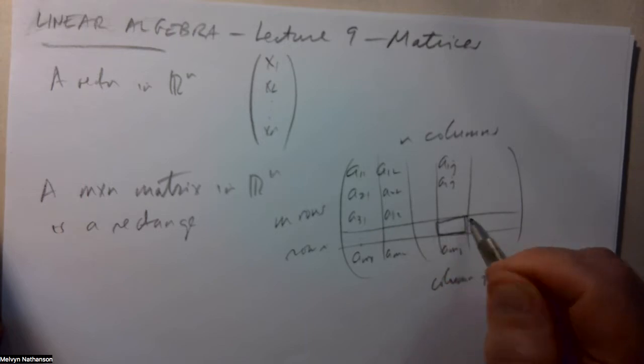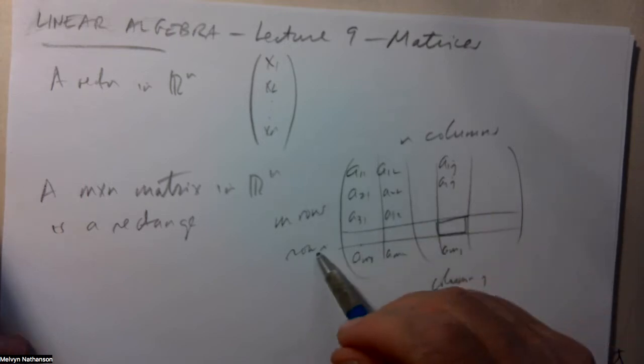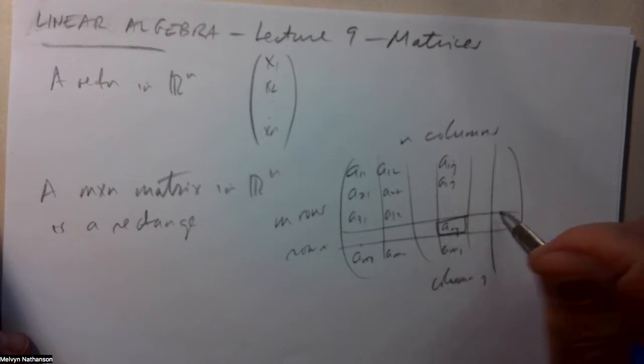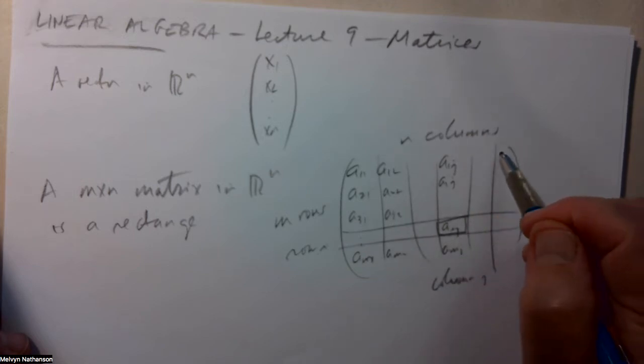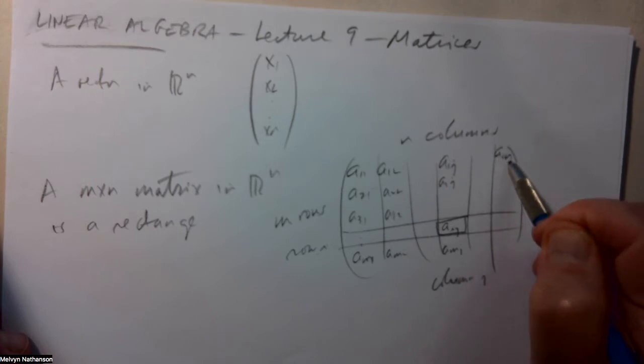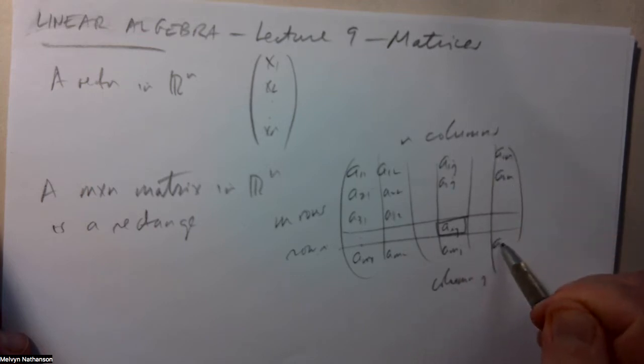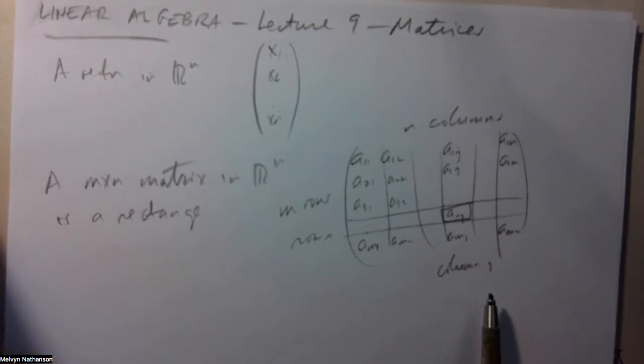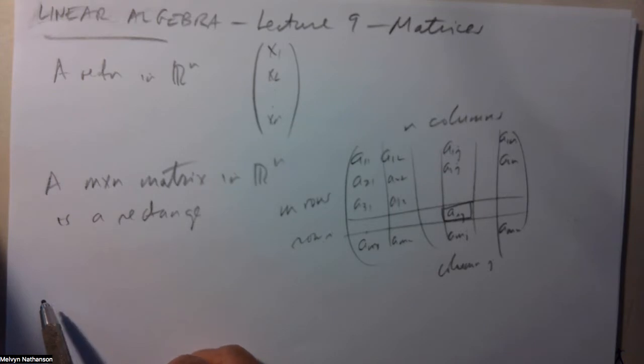And in this box, which is the row i, column j entry, the subscripts are Aij. When you get to the last column, this is A1n, A2n, down to Amn. So this is what a matrix is.